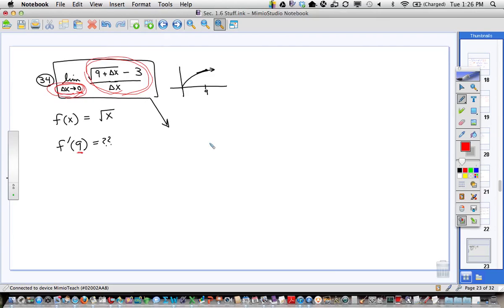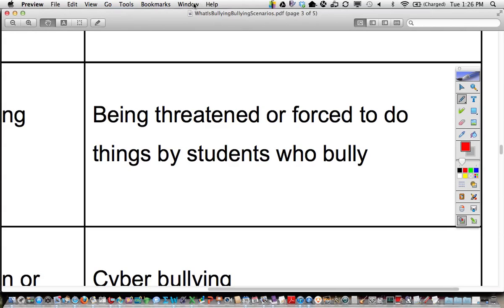So every one of these is set up so it should look like a derivative definition. So number 1 says, let's do this. I'm sorry. I'm just thinking how I do this.